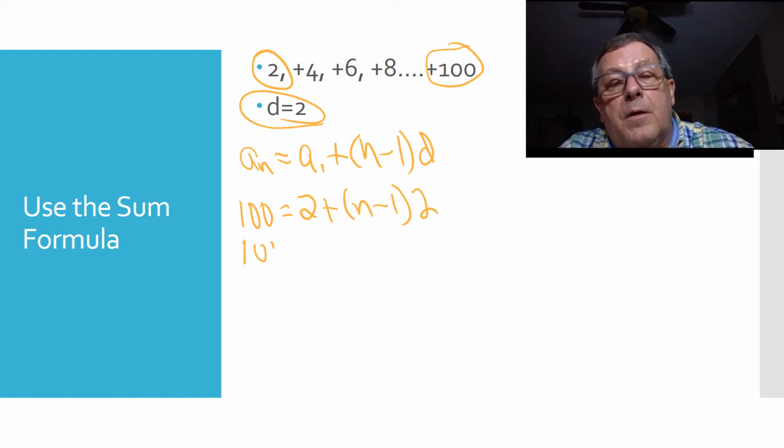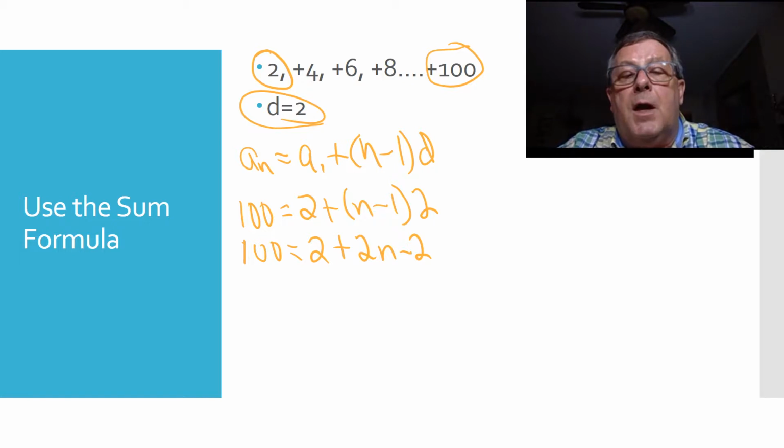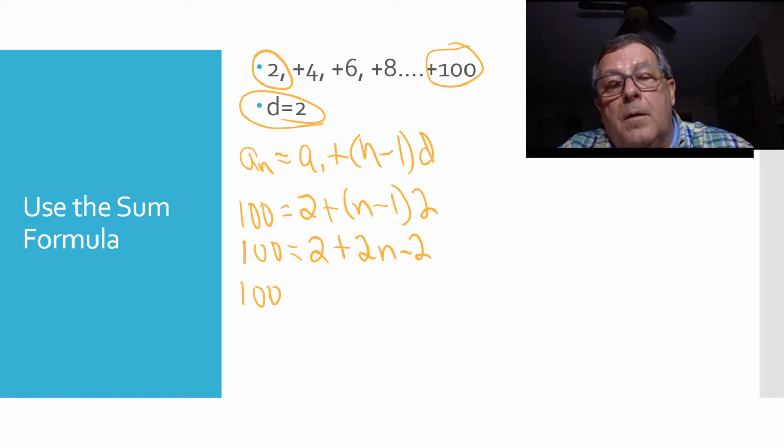We got 100 equals 2 plus 2 times n minus 1. We're going to distribute the 2 to the n minus 1. So now I've got 2n minus 2. And 2 minus 2 is 0, so I'm left here with 100 equals 2n. I'm going to divide 100 by 2, and 50 is equal to n.